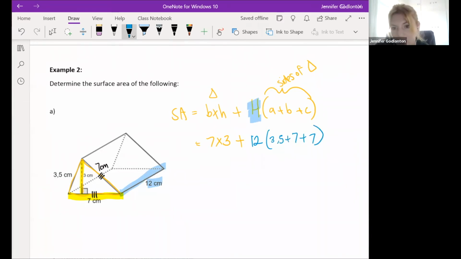Close that bracket off. And then we can just put this straight into our calculator. So 7 times 3 plus 12, open brackets, 3.5 plus 7, close off that bracket, and we get the answer of 231 centimeters squared. And that's all we have to do.